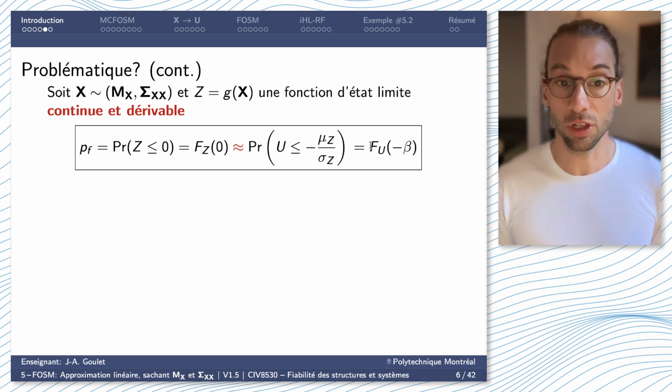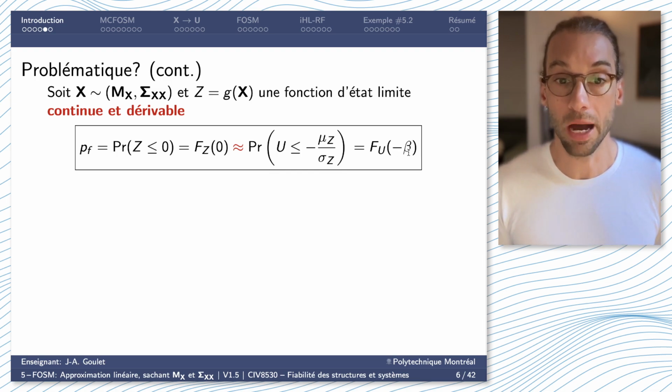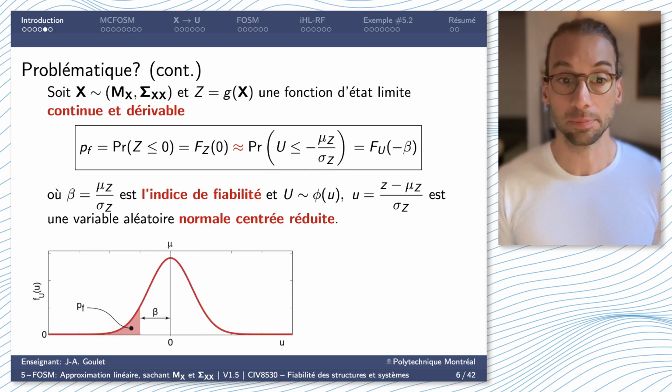And this is equivalent to evaluating the standard normal CDF at a value minus beta. So that ratio, minus mu z over sigma z, is minus beta, my reliability index.